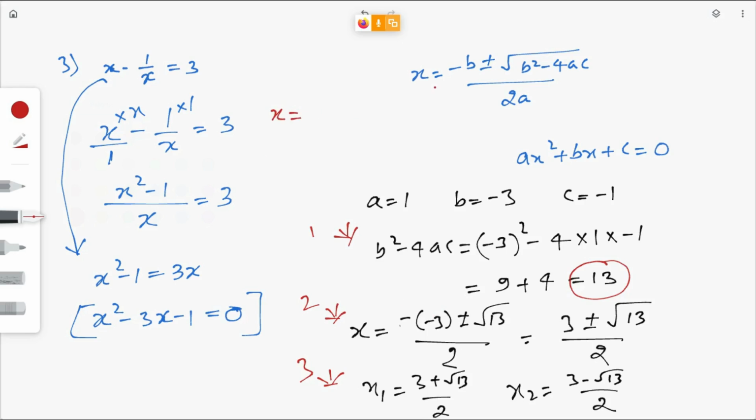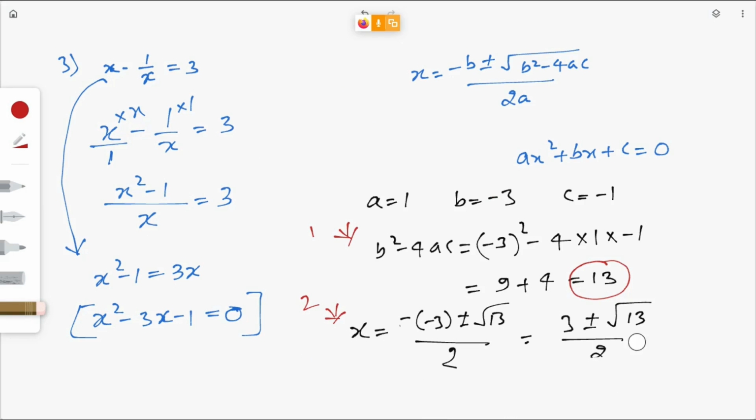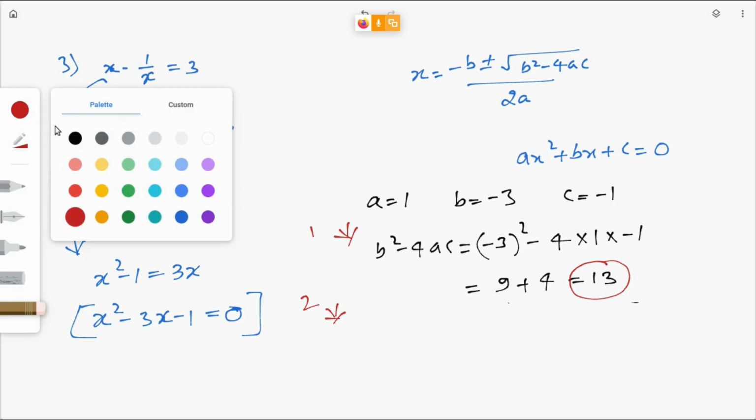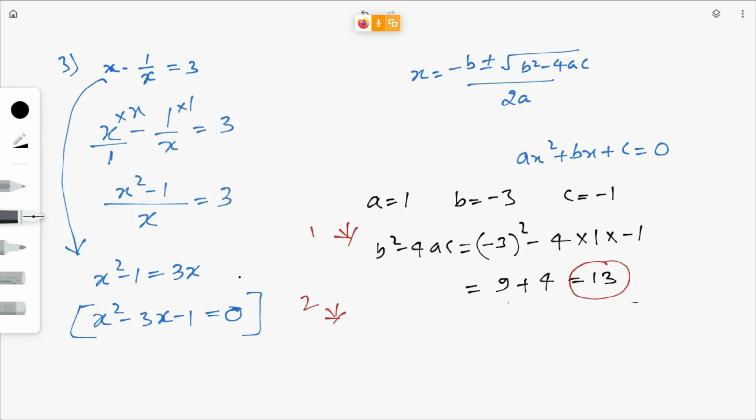x is equal to minus b. What is b here, in this equation? Minus 3. Okay, let me solve here itself. So after this, what is the formula?